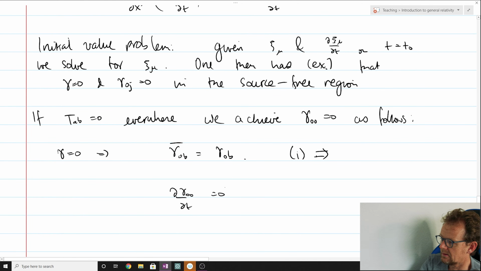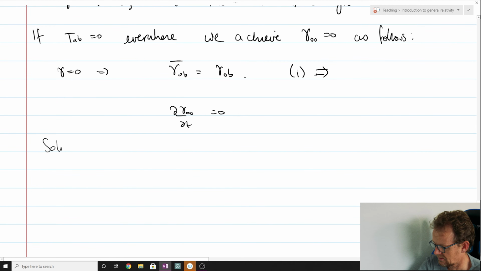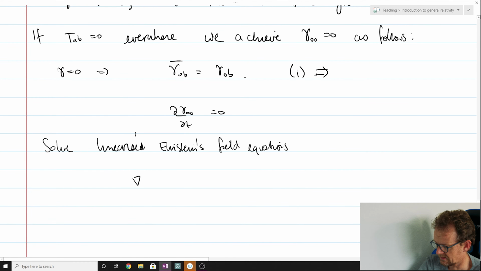And then we solve the linearized Einstein's equations. And they tell us that the Laplacian squared of gamma naught naught is minus 16 pi T naught naught, which is 0.